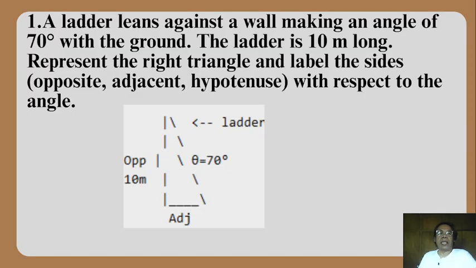And this is the representation of the problem number 1. The angle of inclination is 70 degrees, the opposite is 10 meters, and then the length of the ladder, which is 10 meters long. Okay, so that is the representation or the illustration.